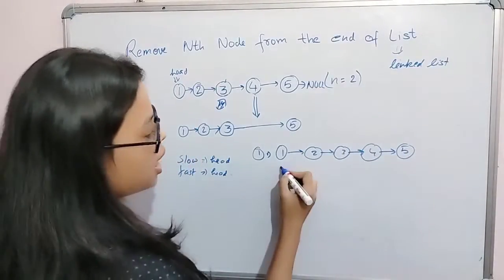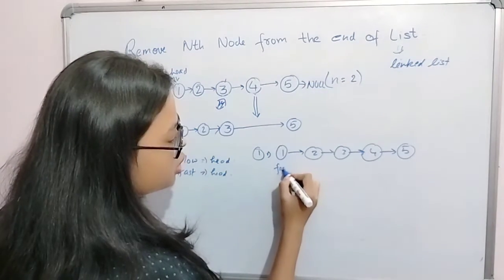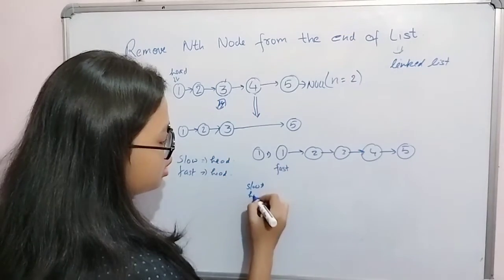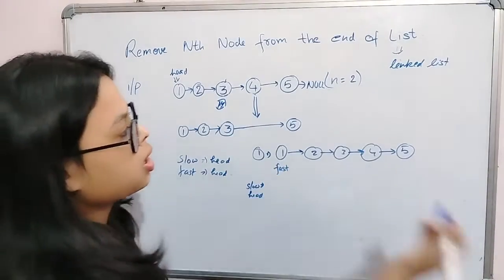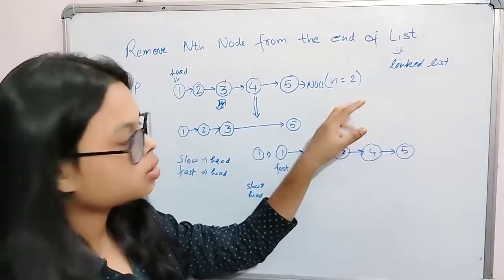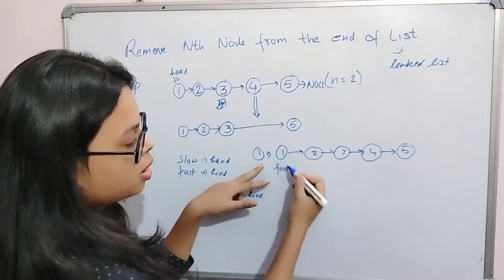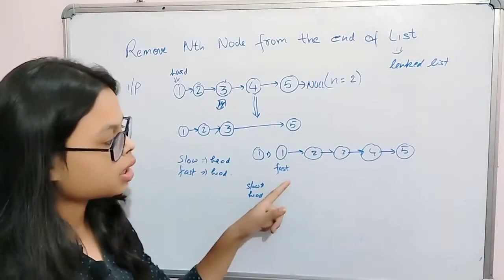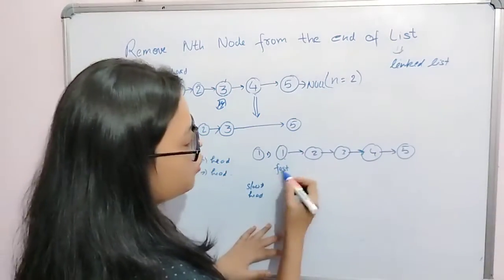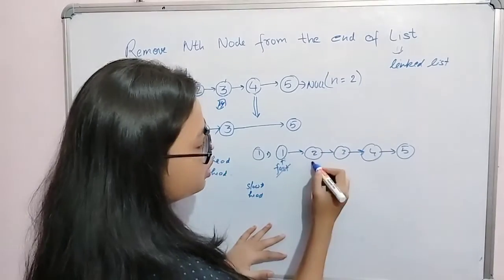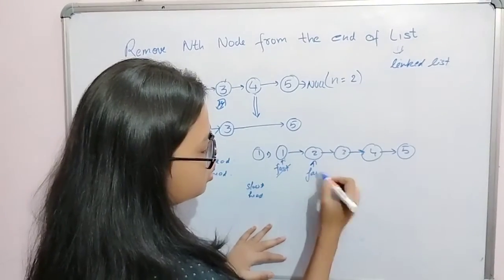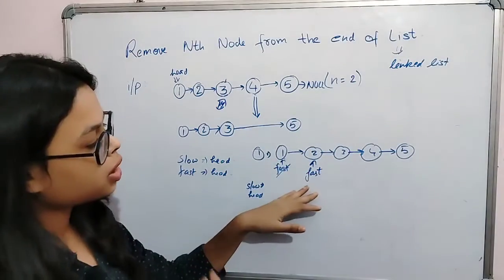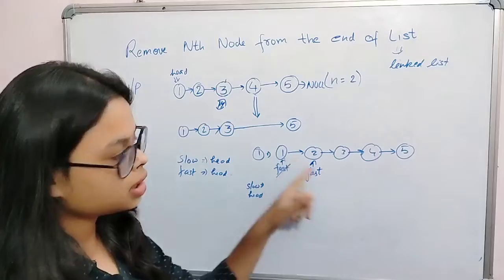At first, our fast pointer will be here, and let's say the slow pointer is at the head. For the first n equals 1, we have the fast pointer at head. Now n equals 2 will increment our fast pointer to 2. Now we got our n equals 2: 1 done, 2 done.